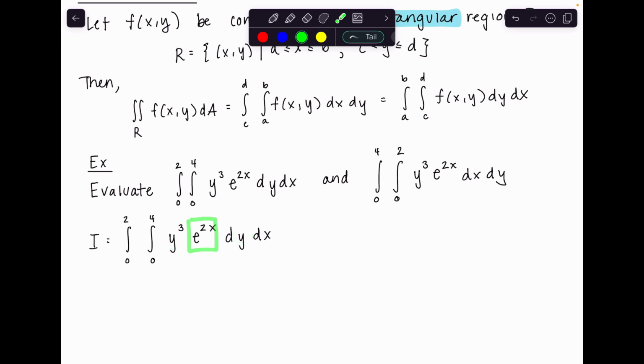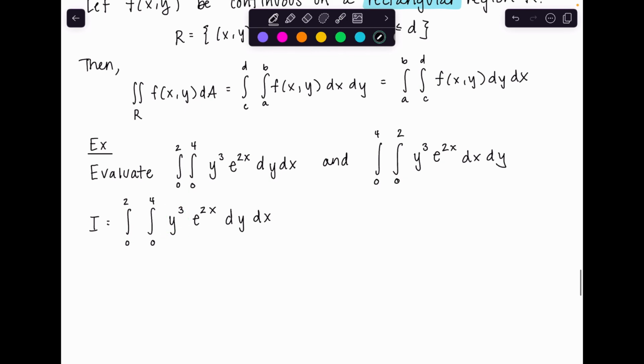So this is just a constant. I'm just going to integrate y cubed. So the 0 to 2 is untouched. When I integrate y cubed, that's y to the 4th divided by 4. The x stays untouched, and then we're going to evaluate this from 0 to 4.